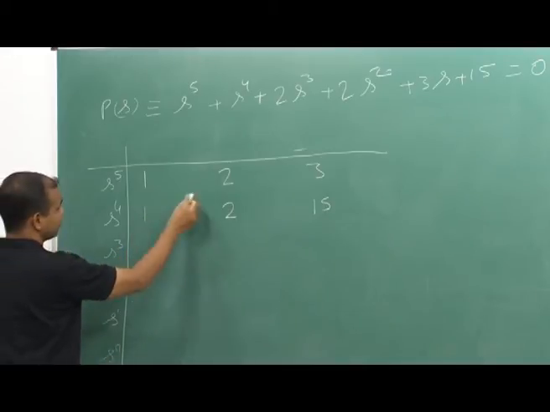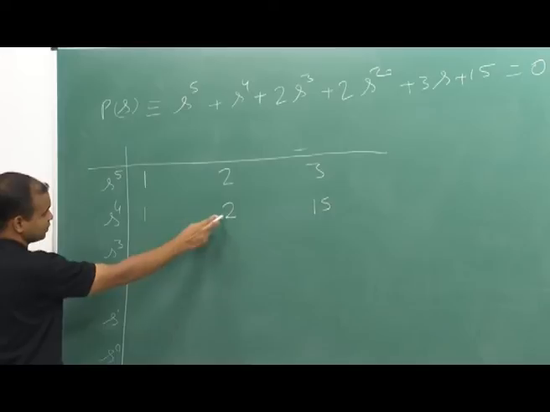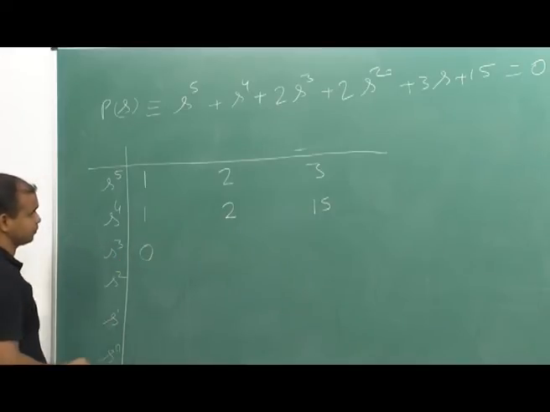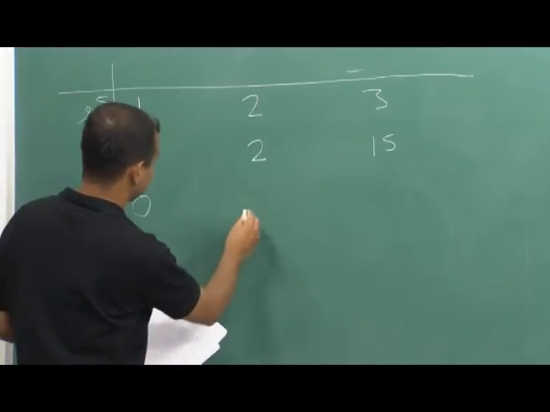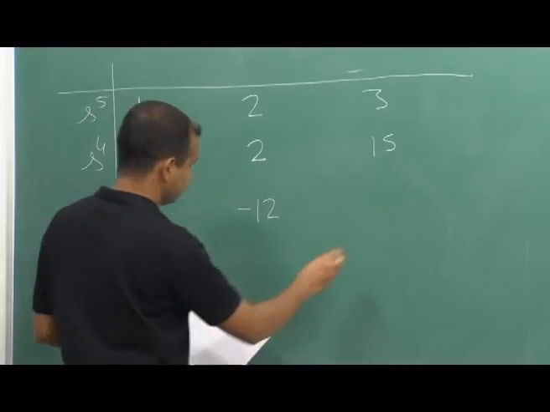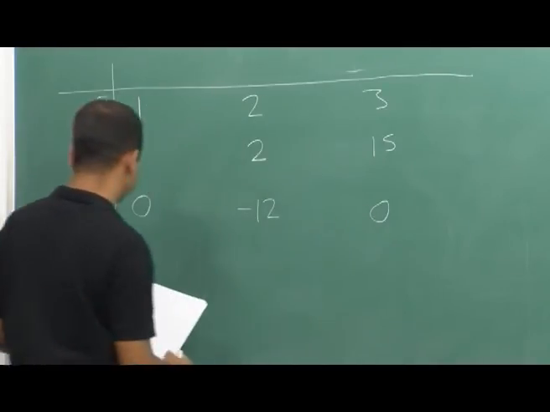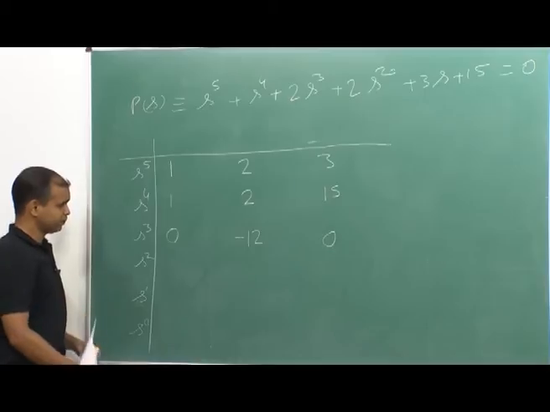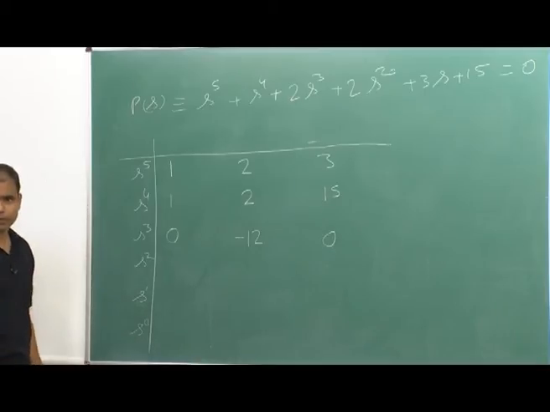Here 1 into 2 minus 2 divided by 1, so this will be 0, minus 12 and the term here I will get is 0. So, if we are getting a 0 in the first column, we will replace it with a very small positive number and further we will proceed our calculation.